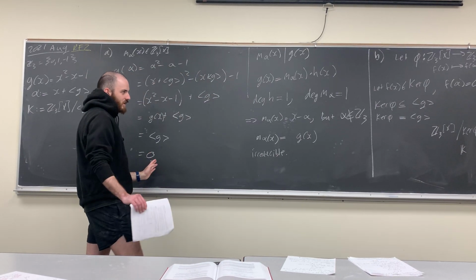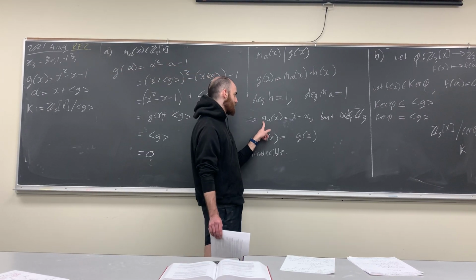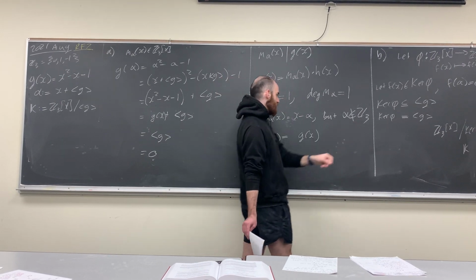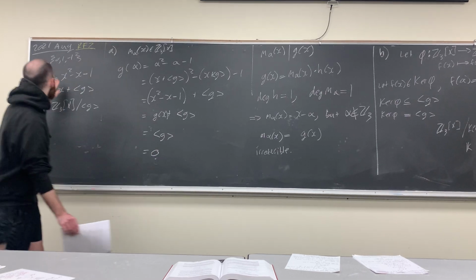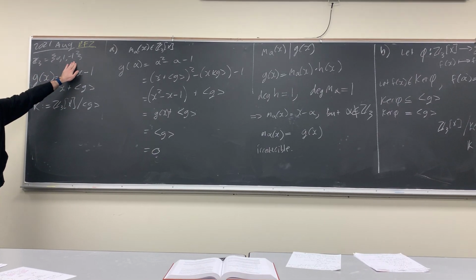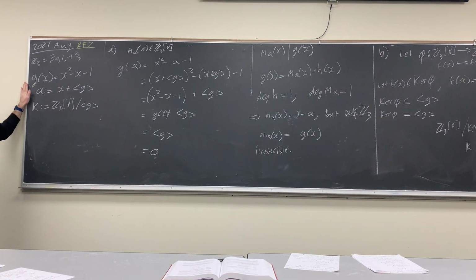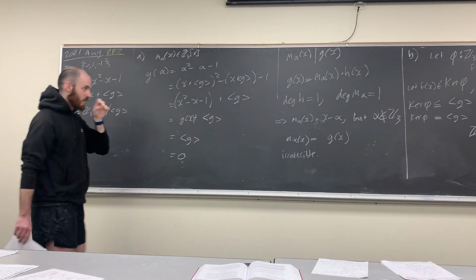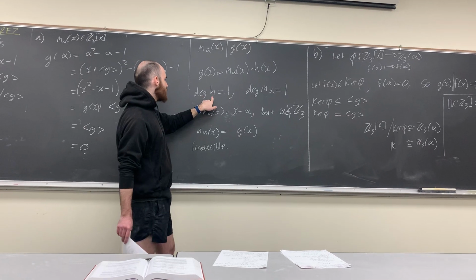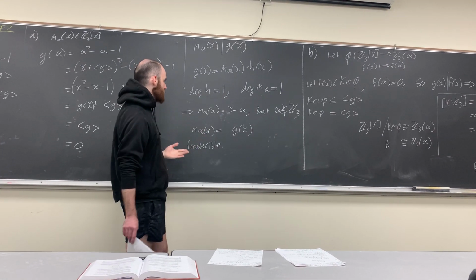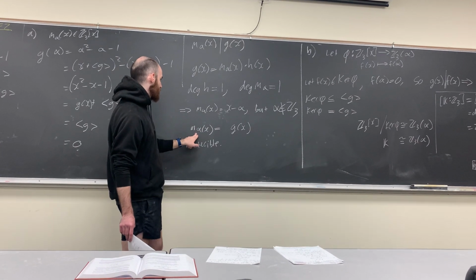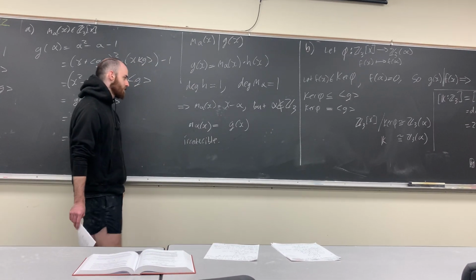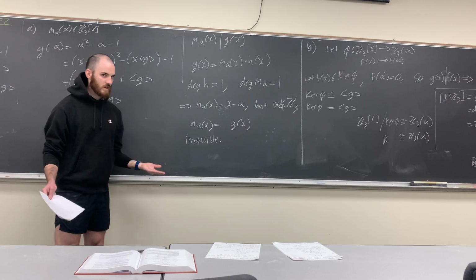And that's not good, because that would mean that the minimal polynomial is just linear, so alpha would have to be in Z3, but just plugging in 0, 1, negative 1 into g, you don't get 0. So that's a contradiction. That means that h cannot be of degree 1, it has to be a constant, i.e. the minimal polynomial of alpha is just g of x. So g of x is irreducible as well.